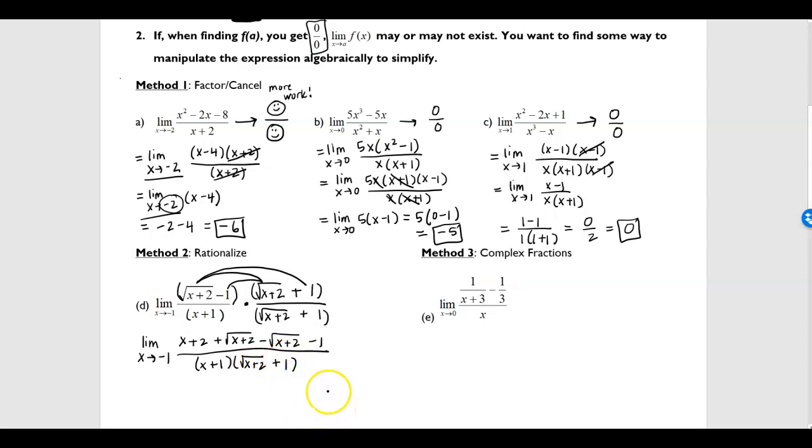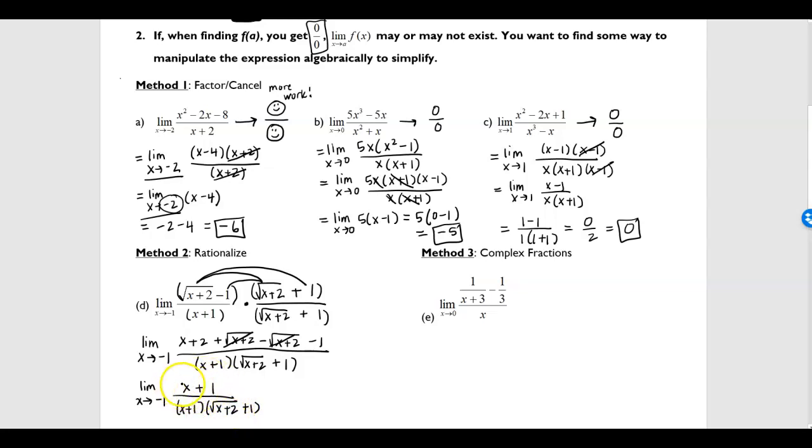So at this point, my goal is to still try to cancel out some factor. So let's see if we can simplify. Square root of x plus 2 minus square root of x plus 2, that cancels. That should always happen in this case, otherwise you might have not written your conjugate correctly. So I have x plus 2 minus 1, that will be x plus 1. And what you may notice is we had an x plus 1 in the denominator as well.